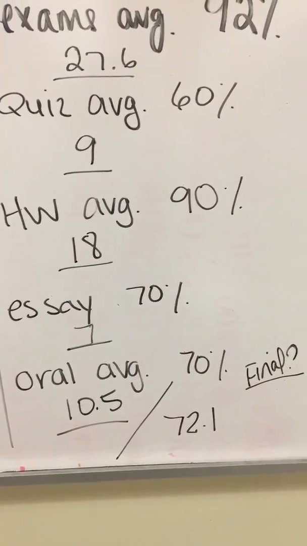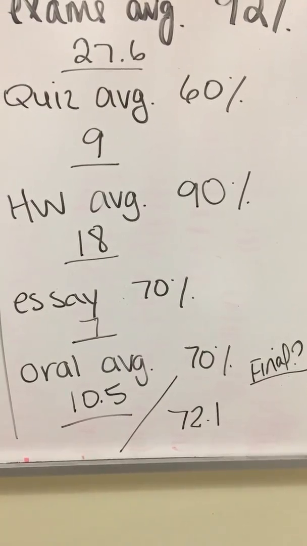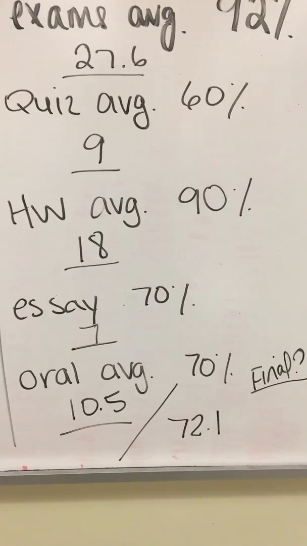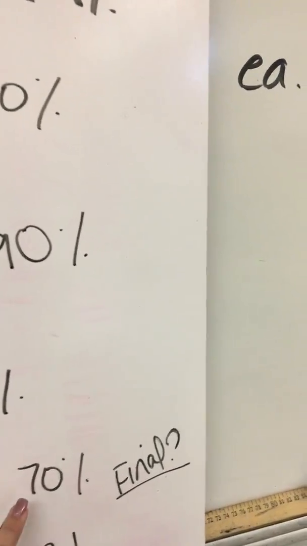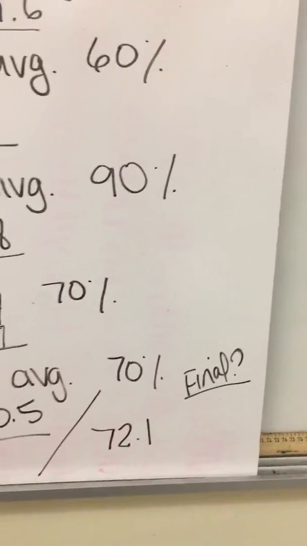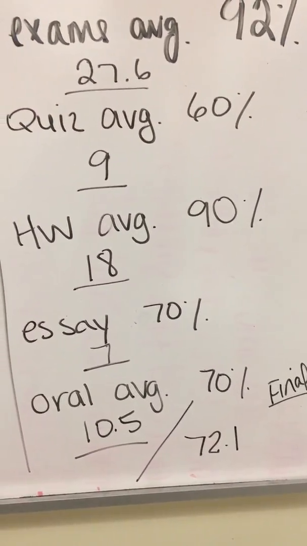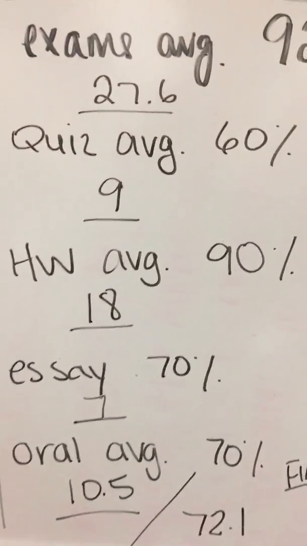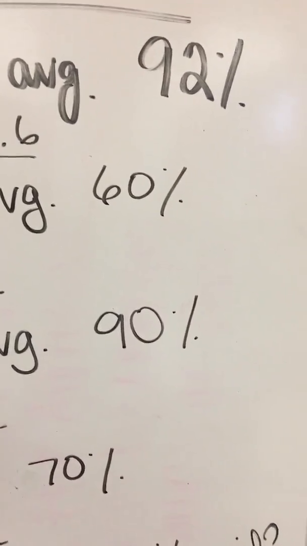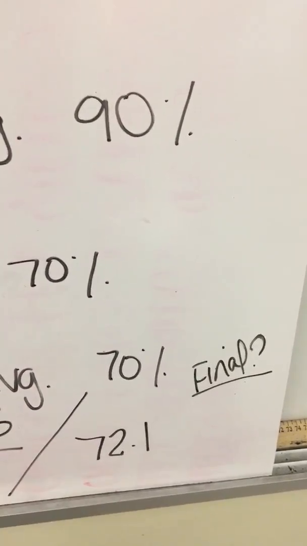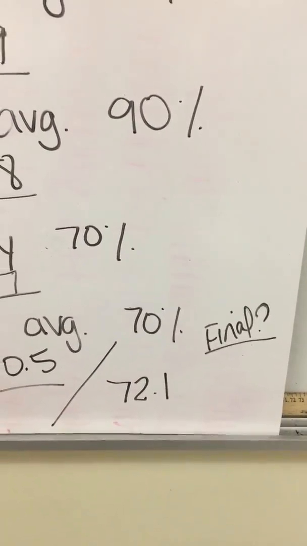Their oral average is also a C average. So the orals is 70%. The average for their oral, 70. You multiply that times 0.15. You're going to get 10.5. All of these points, you add them up, you get 72 points. 72 points is a C.